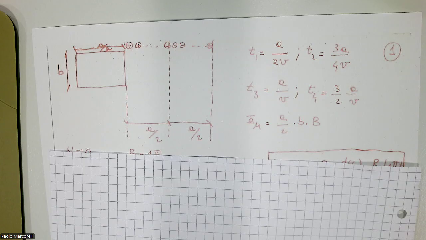two magnetic fields, excuse me, I mix with German, one in the positive direction, toward my sheet, and the other one in the opposite direction.